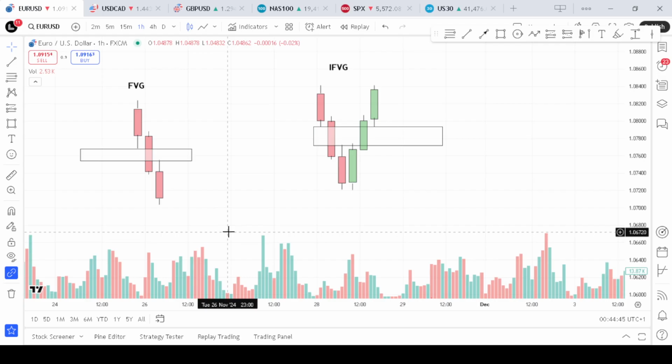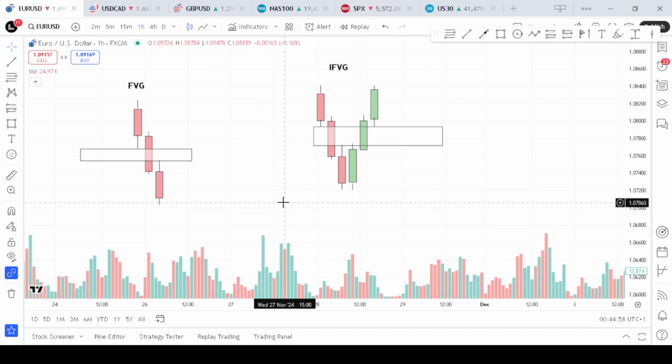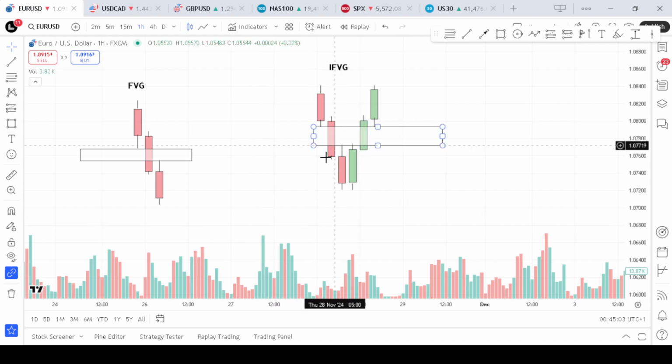Now let's look at the types of inversion fair value gaps. We'll examine two main types that you will encounter in your trading. Each type represents distinct characteristics and trading opportunities that you will need to understand. The bullish inversion fair value gap forms when price creates a bearish gap and it gets validated.